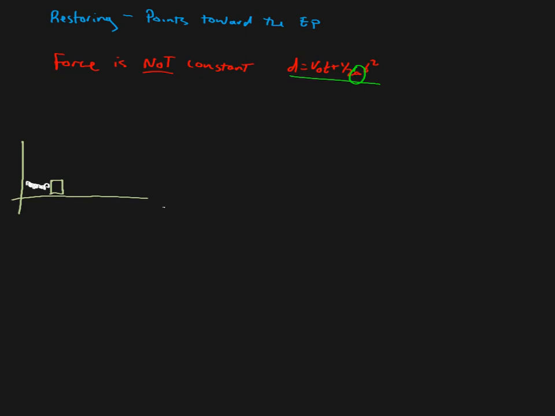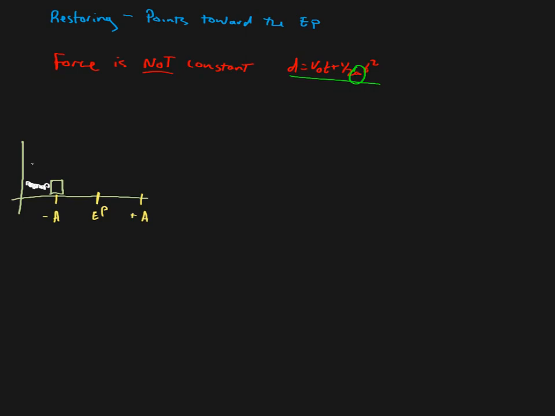The spring is actually compressed, and at this location we have the equilibrium position. At this location we have one extreme of the motion, and at this location we have the other extreme of the motion. And these two extremes of motion we're going to refer to as the amplitude. So it's just the maximum displacement from the equilibrium position. So this will be minus the amplitude, and this will be plus the amplitude.